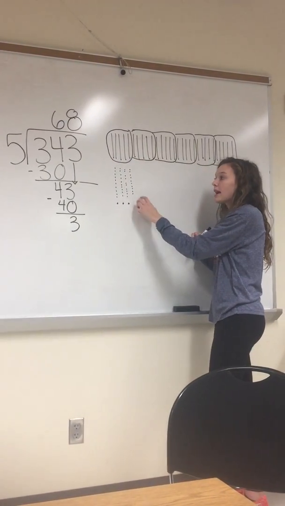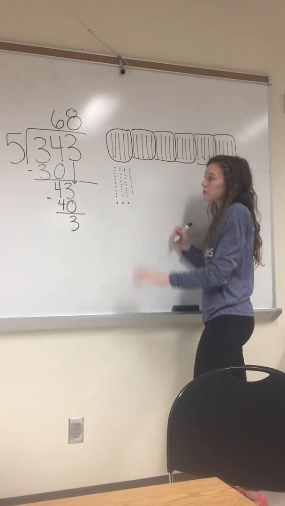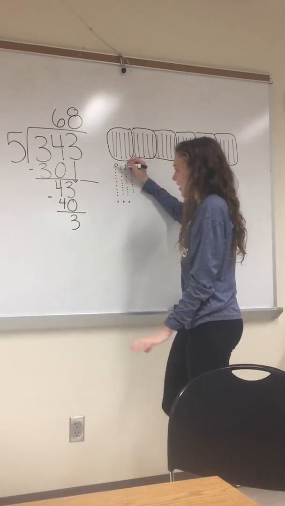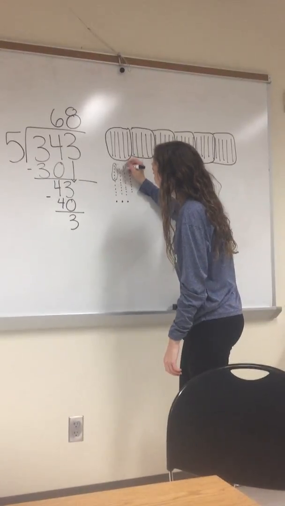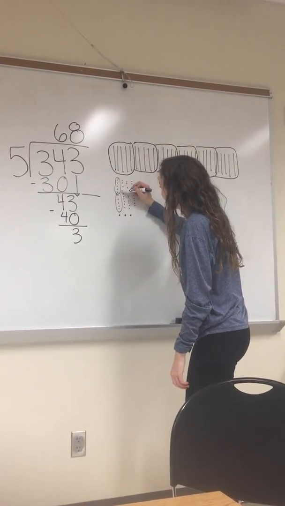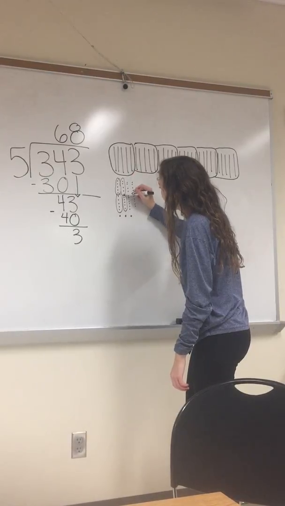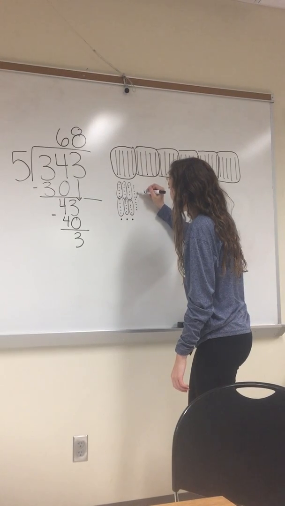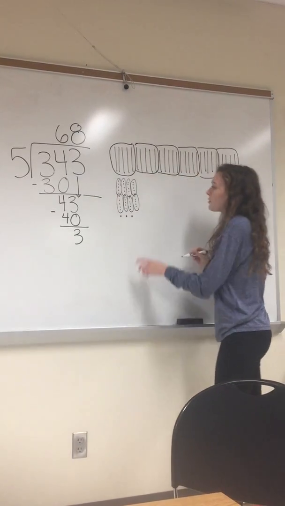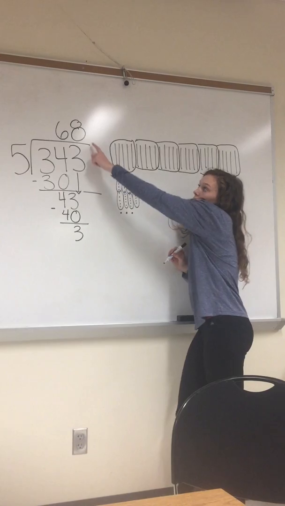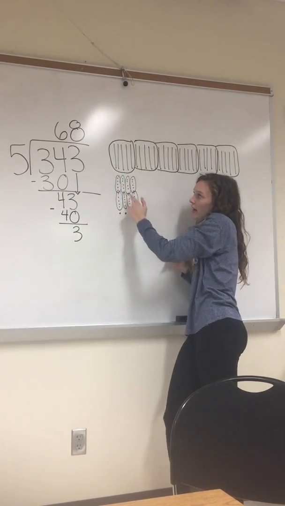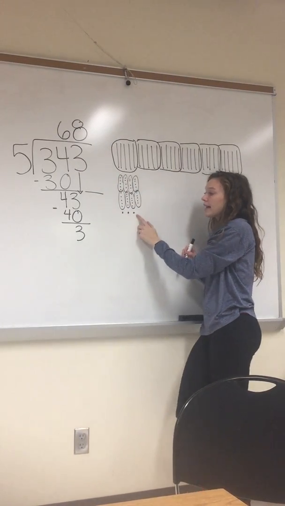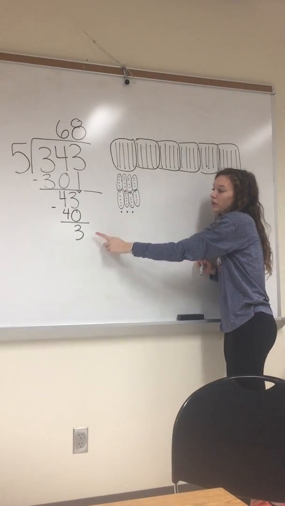Okay, and so now we can split this up into groups of 5. Okay, and then when we look here, we can see that there are indeed 8 groups of 5. And so that's representing the 8 in the ones place. And then you can see we have our remainder of 3 here.